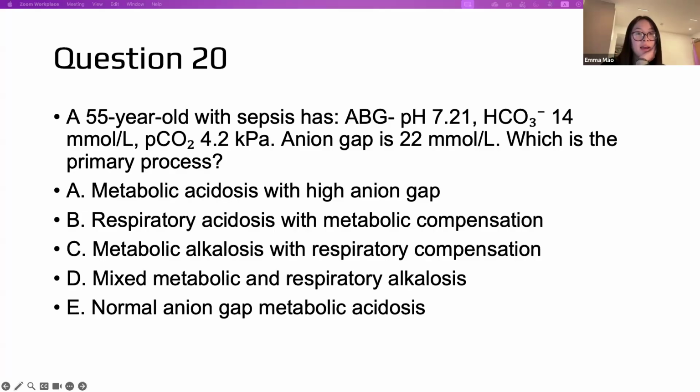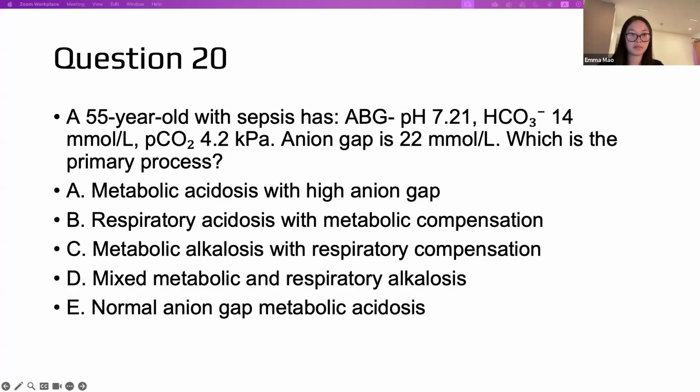So the anion gap here is quite high, because sepsis causes lactic acidosis, and pH is low, which is an acidosis, and low bicarbonate too.